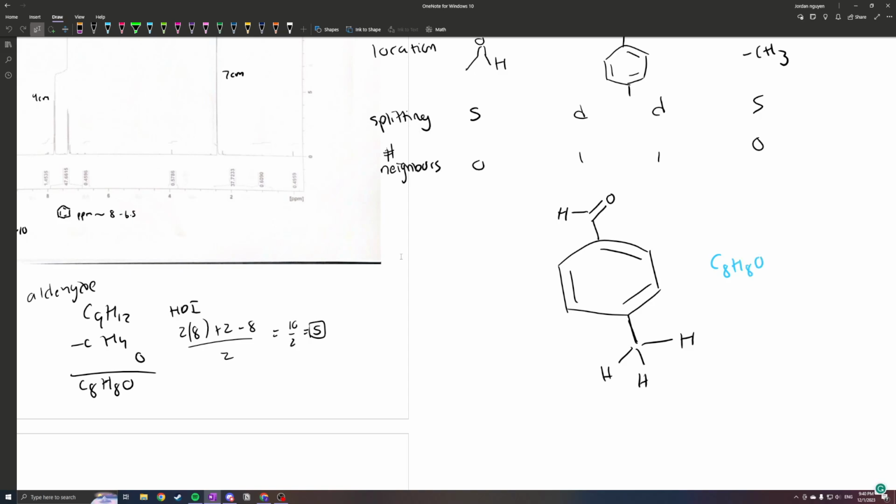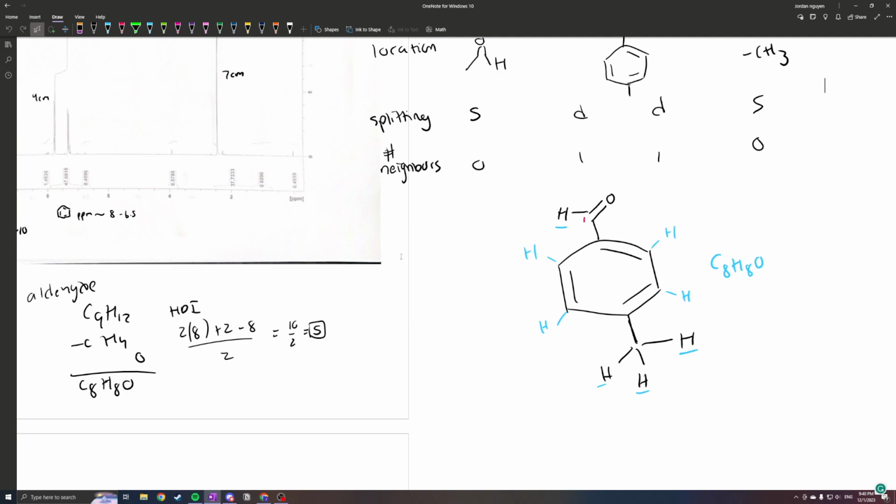First I checked the hydrogens: there's 1 hydrogen on the aldehyde, 4 hydrogens on the benzene ring, and 3 hydrogens from the CH3. In total that's 1, 2, 3, 4, 5, 6, 7, 8, so that matched. Then I counted the carbons.